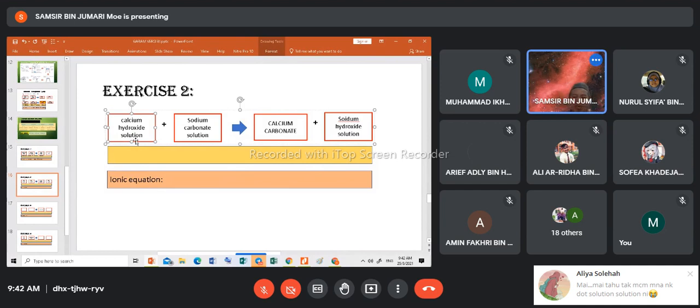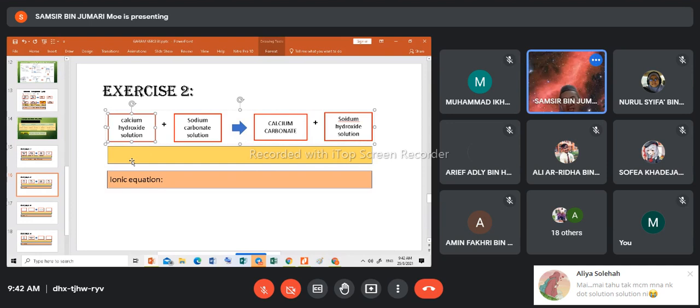Kita tahu carbon dioxide ni sebab calcium hydroxide ni sebab alkali. Kalau boleh yang bersifat alkali ataupun mungkin yang asid juga, dia sangat mudah, very easy to react with other substances.